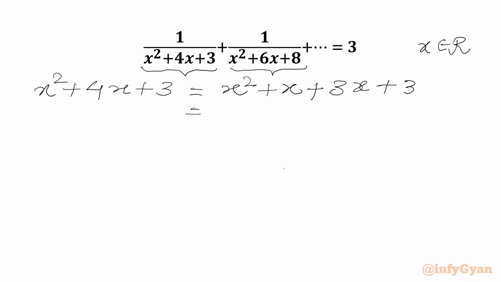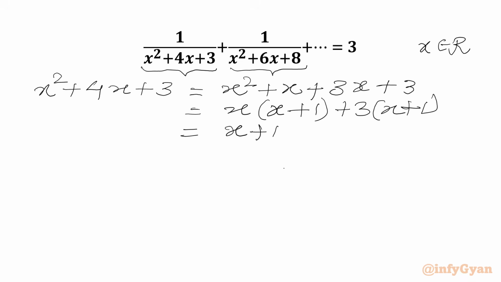Now we can take x common from the first two terms, and 3 common from the last two terms. After taking x plus 1 common out, we will get the other factor x plus 3. So in place of x square plus 4x plus 3, we can write x plus 1 times x plus 3.